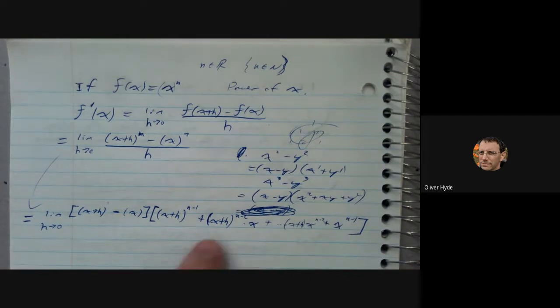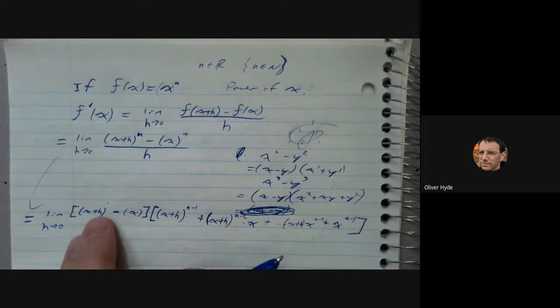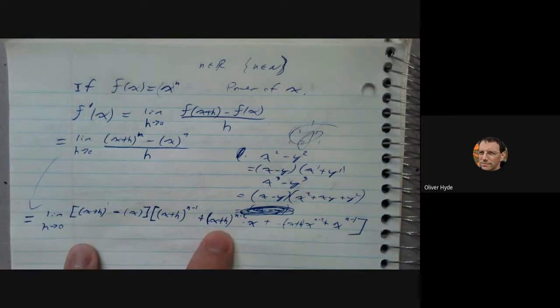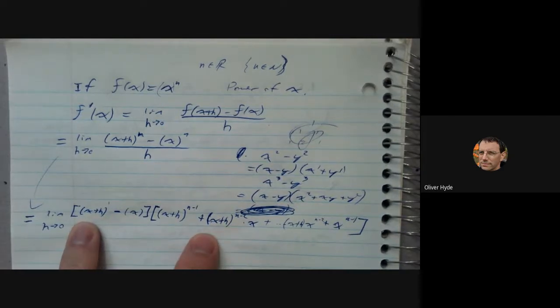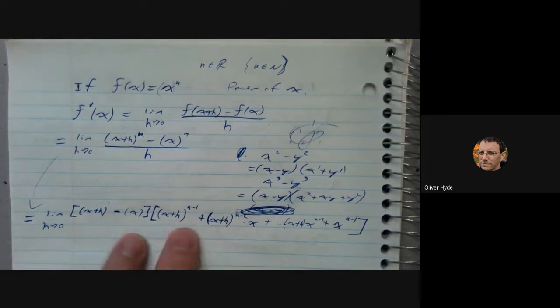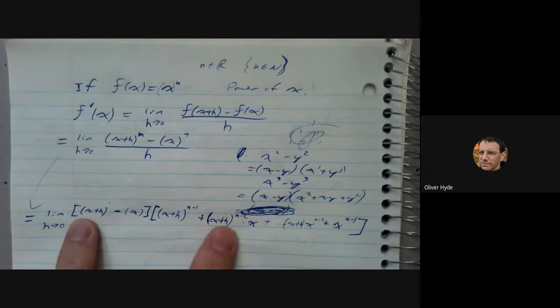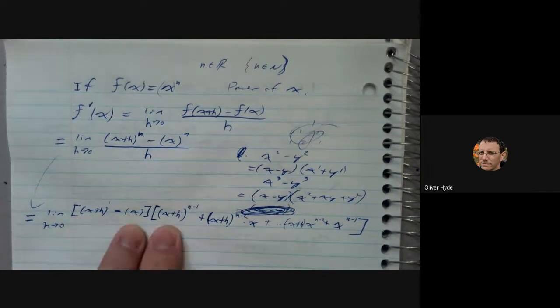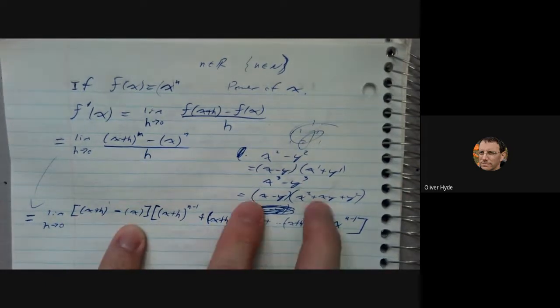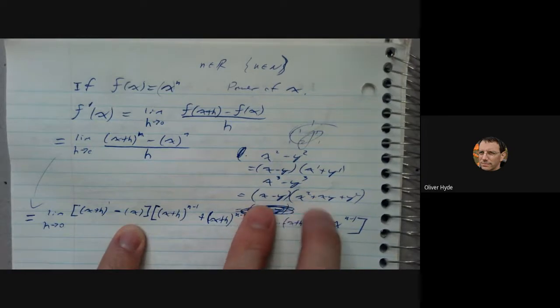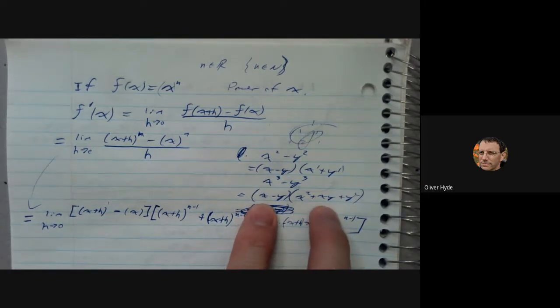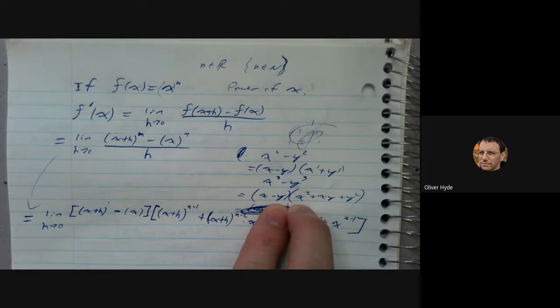You kind of have to trust how this would work out, that when you have x plus h times x plus h to the exponent n minus 1, you'll get x plus h to the exponent n. And then notice you'd have another factor of x, so that this term, this times this minus this times this, would actually eliminate to 0. You can see it happen if you expand here as well. You'll have plus x squared y minus x squared y.